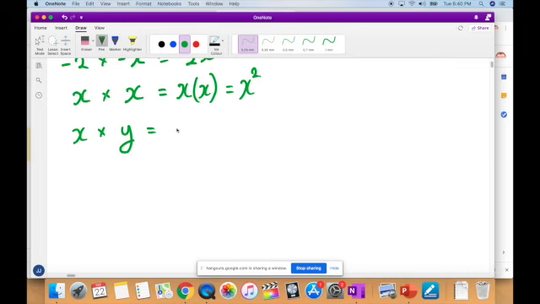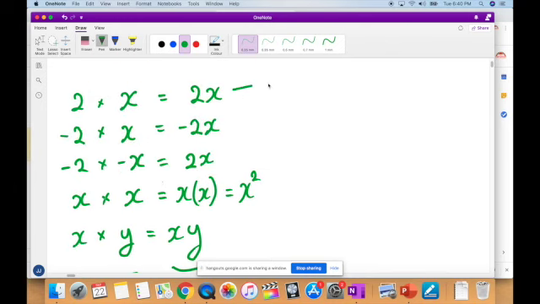xy. Now, this doesn't mean anything different, just like how 2x actually means x multiplied by 2, x 2 times.